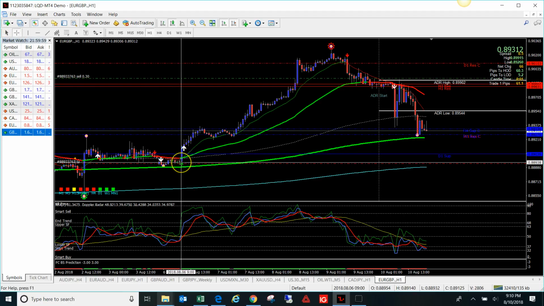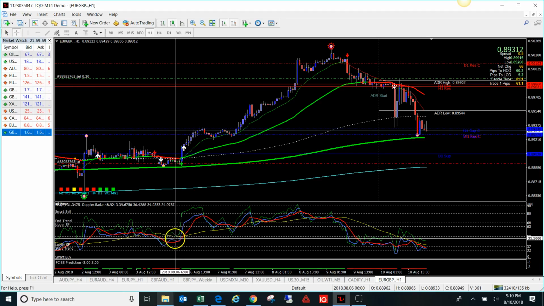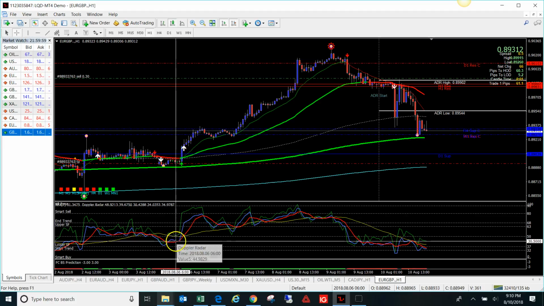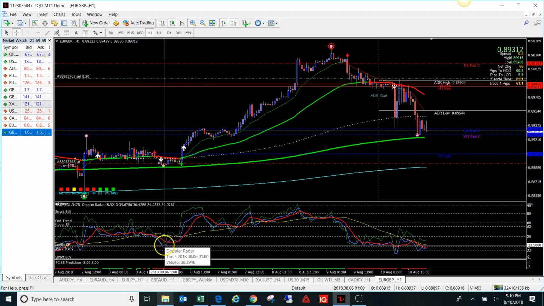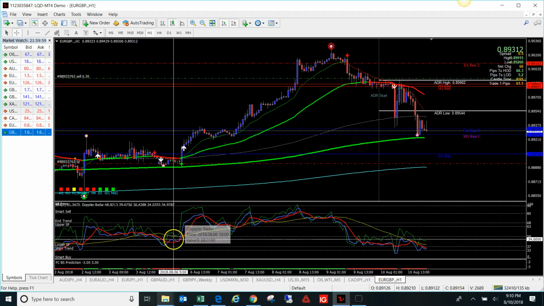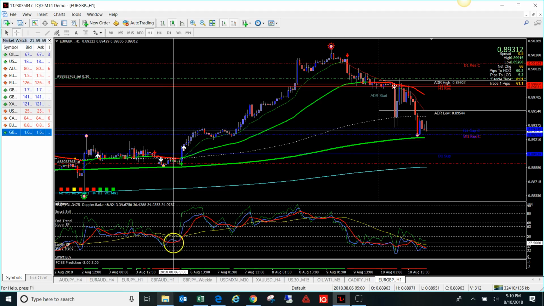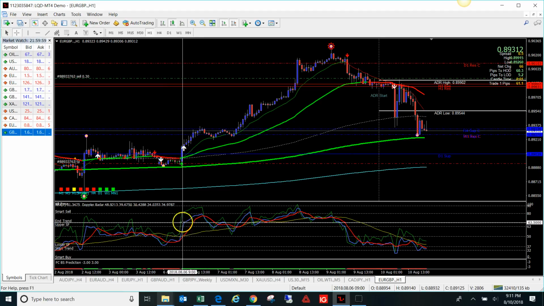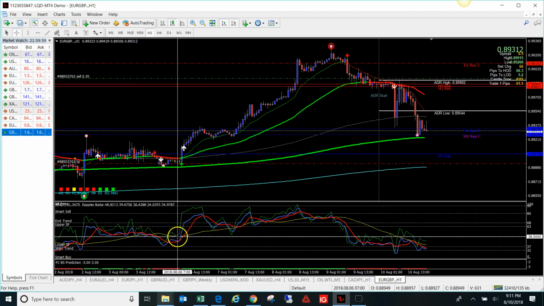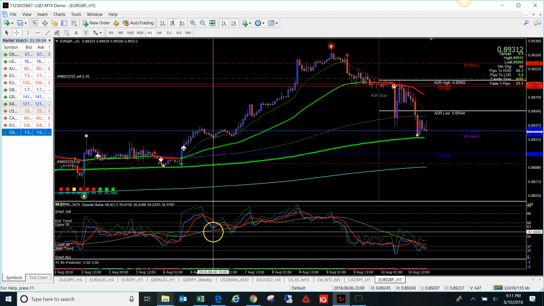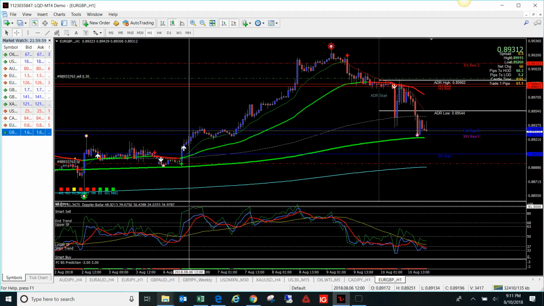Okay. And so once you see these signals and you get those engulfing candles, you want to also pay attention to what the Doppler is doing. Right down here, you got that blue line crossed above the red signal line. The blue line is going to be your RSI price line. It crossed above, confirms the buy. Also, the green line crossed above the yellow market baseline, also confirms the buy.